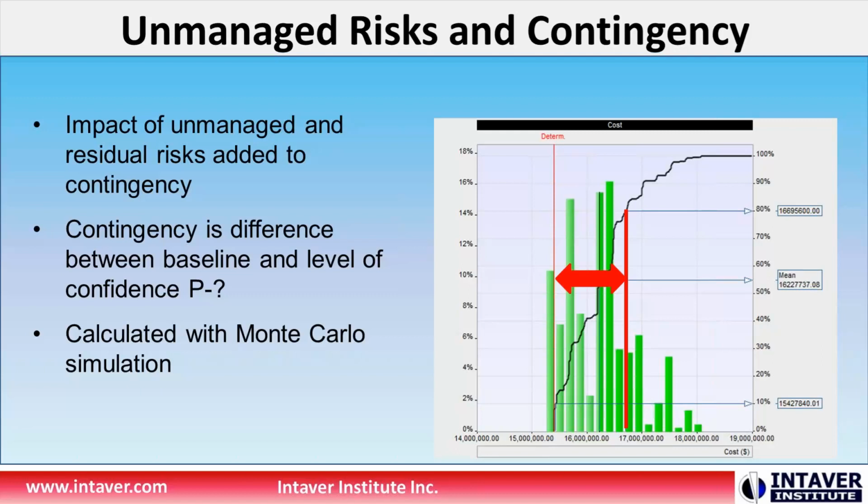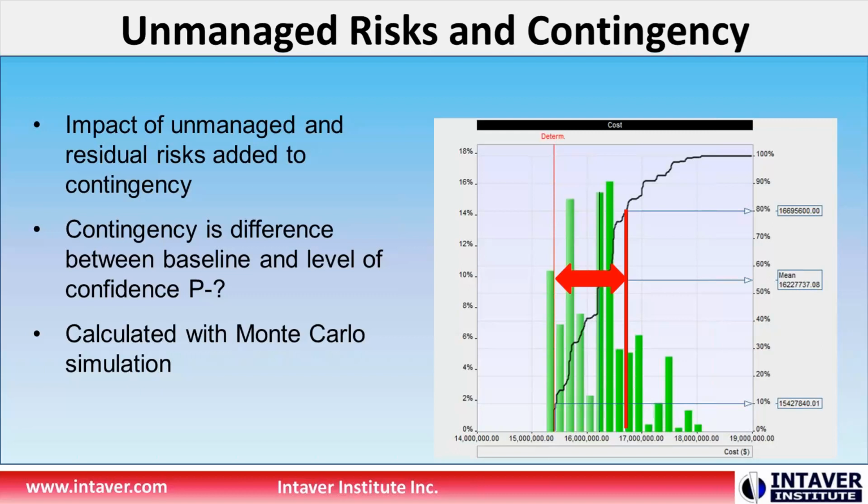P50 really means you have a 50-50 chance of meeting it. That's not a bad way to set your internal project plan, but the buffer should make up the difference between that P50 and the P80, or whatever confidence level you set for an organization. And we calculate that using the Monte Carlo simulation.